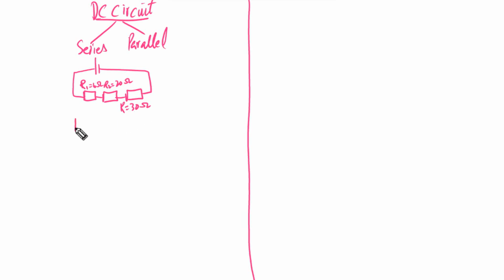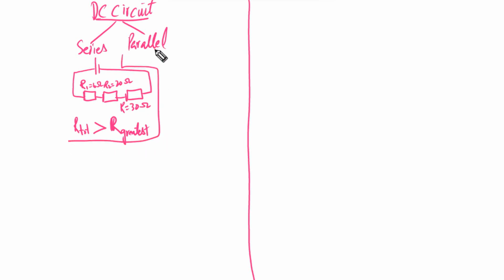In this case, the R total has to be greater than the greatest resistor. R greatest means the largest. It has to be greater than that. This is a very simple thing, and we need to be very clear about this one.